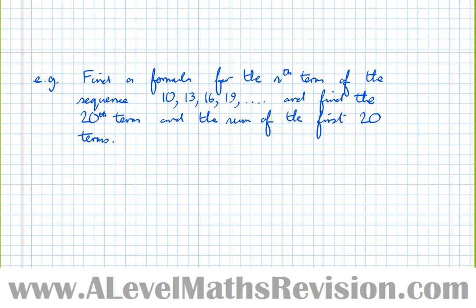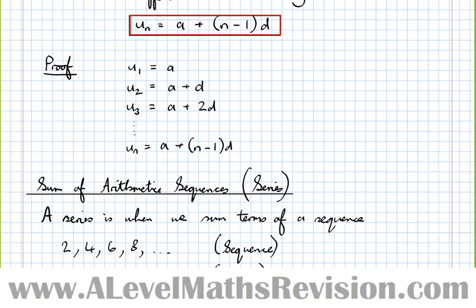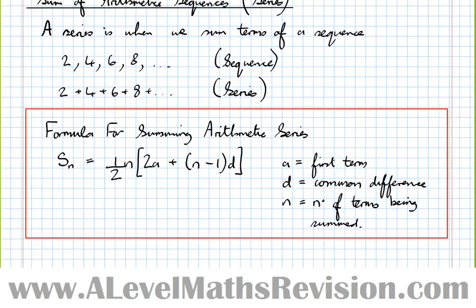So the first part is to identify what the nth term would be. So we can see here that the first term is 10, and the common difference between terms is 3, goes up in threes. So the nth term, u_n, equals, and we saw it up here, a plus (n minus 1)d.